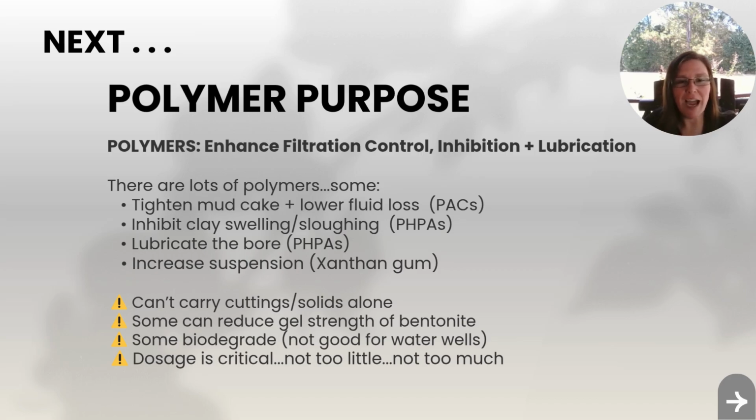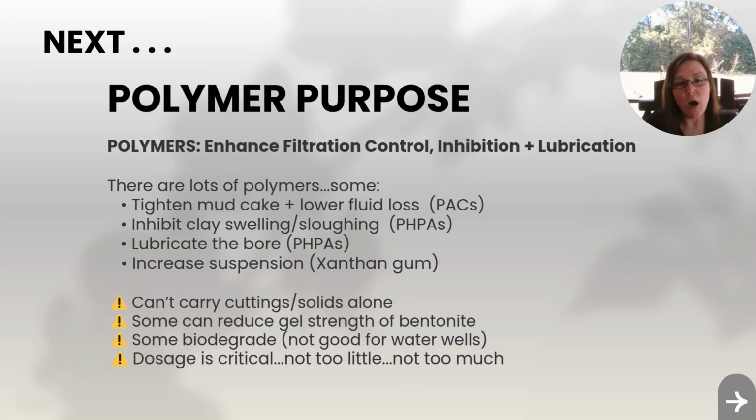I want it to be tight so that it's not letting a lot of my water from my mud out into the soil. Because when that happens, it destabilizes my soil. It either makes the sands collapse, the clays start reacting, something like that. So we want to enhance what the bentonite is already starting to do, which is create a filter cake and give us some fluid loss control or filtration control.